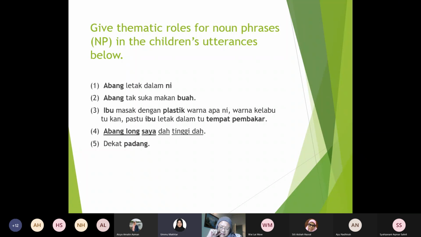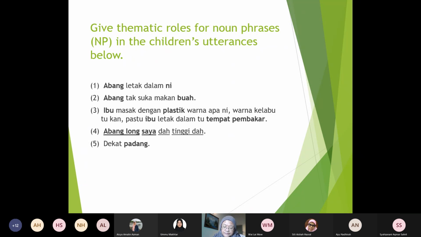So what is the function of saya there? Initially I thought of it as an agent, and Abang Long is the experiencer. I think it's a bit complicated.